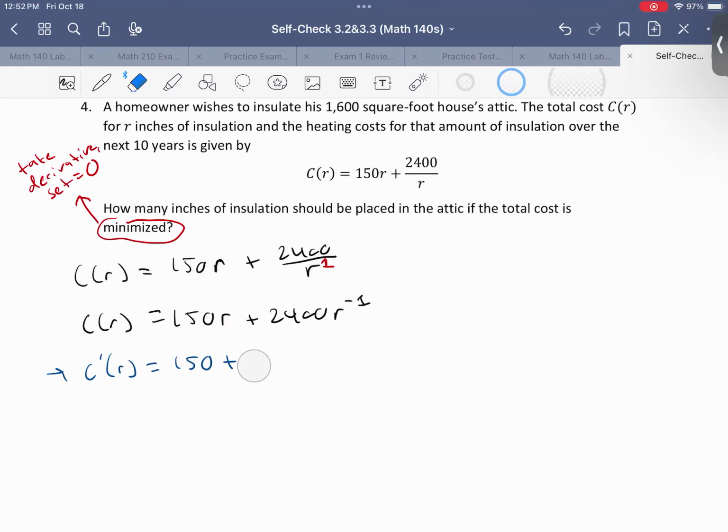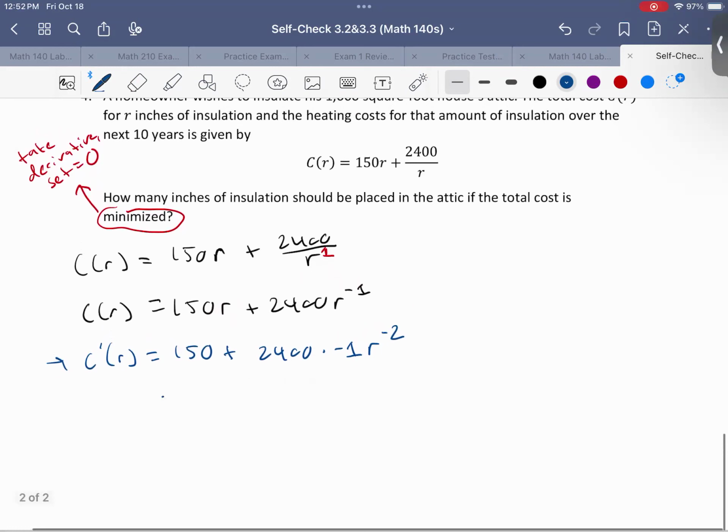Or you know what? I'll write out the steps. So this would be 2,400 times negative 1 R to the negative 2. Okay, so this becomes 150 plus, minus 2,400 R to the negative 2.